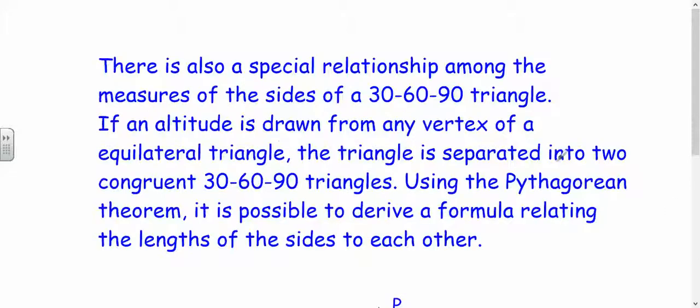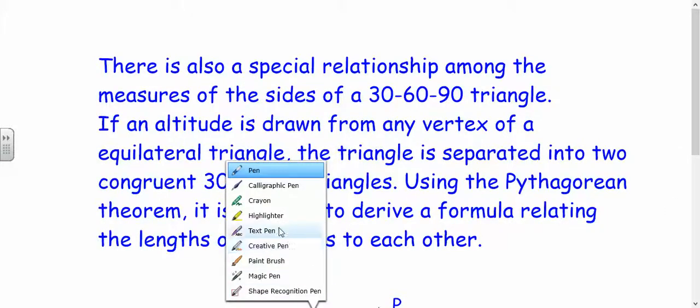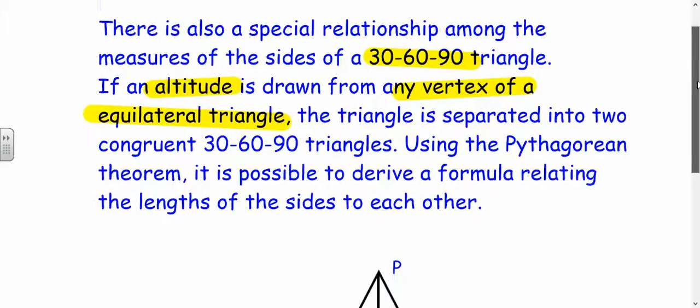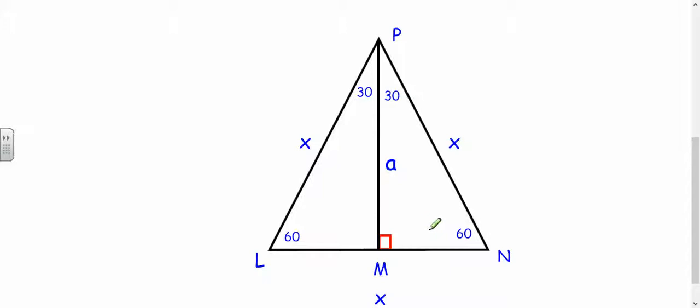Now, the other special relationship that we've looked at is the 30, 60, 90 triangle. Now, if the altitude is drawn from any vertex of an equilateral triangle, then the triangle is split into two congruent 30, 60, 90 triangles. So if you take a look at that, we could derive it with Pythagorean theorem.